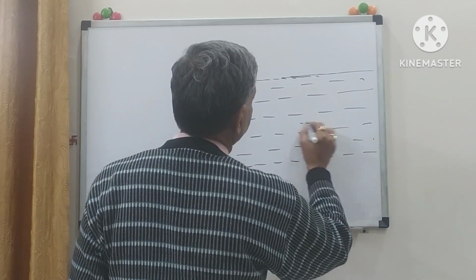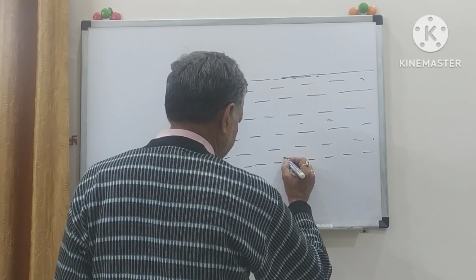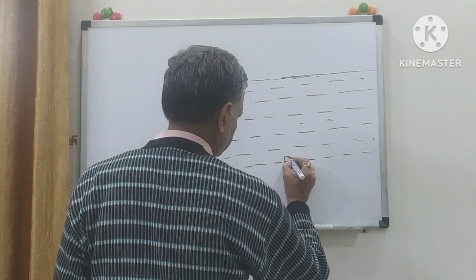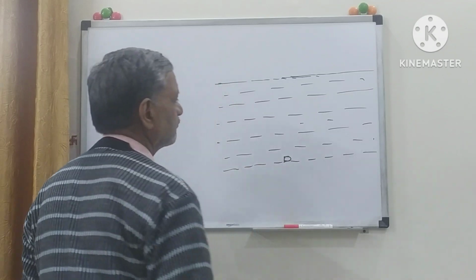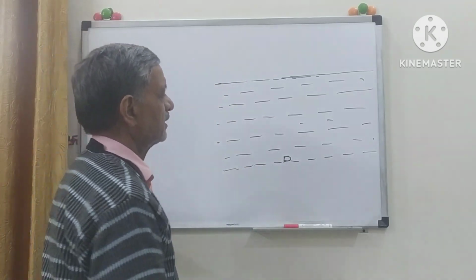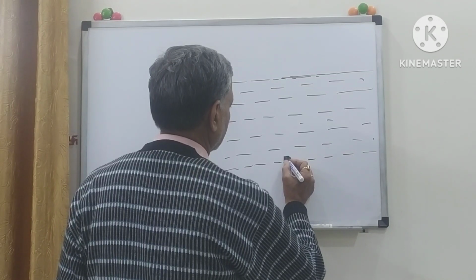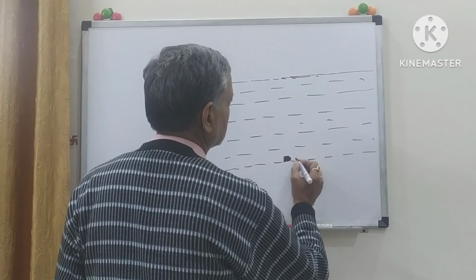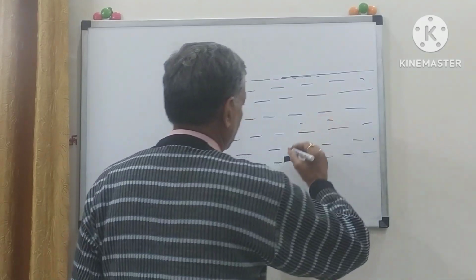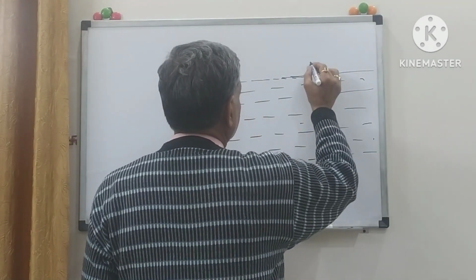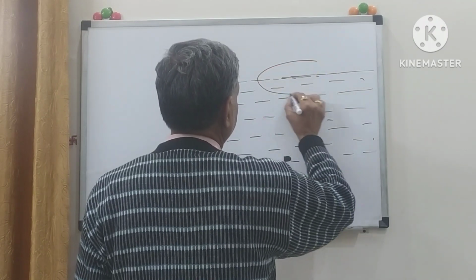I say a point source of light is placed here at the bottom. A point source of light, say a small bulb, and the light is coming out through this particular region only.